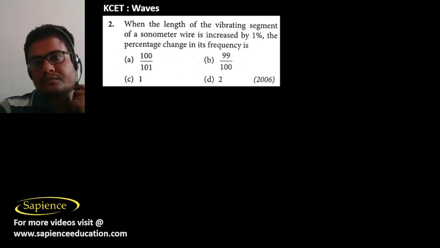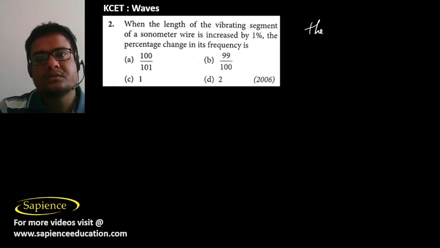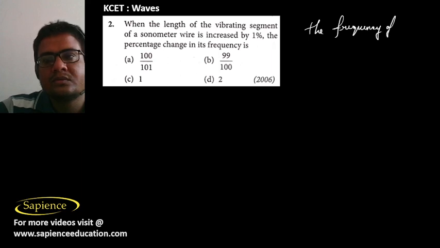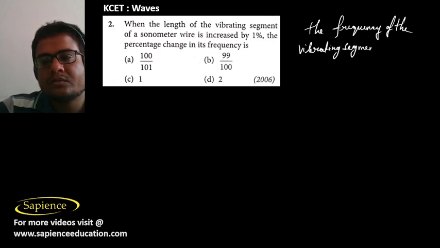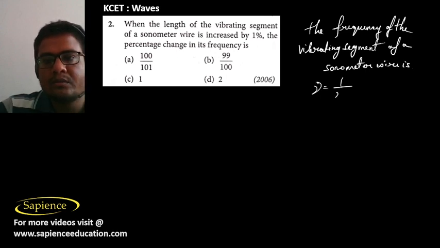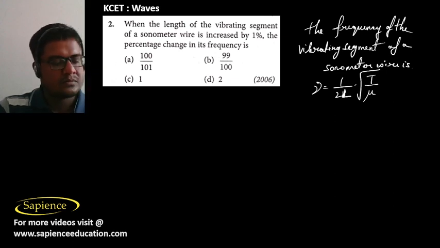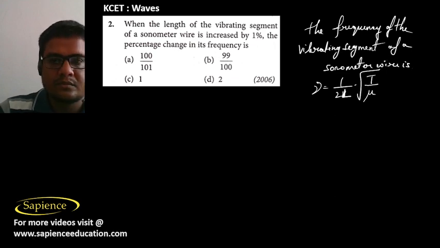So we know that the frequency of the vibrating segment of a sonometer wire is nu equal to 1 by 2L into root over T by mu.